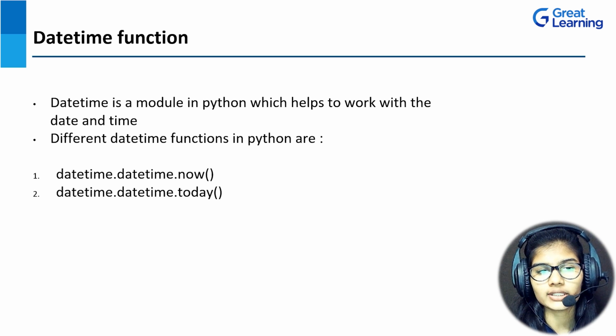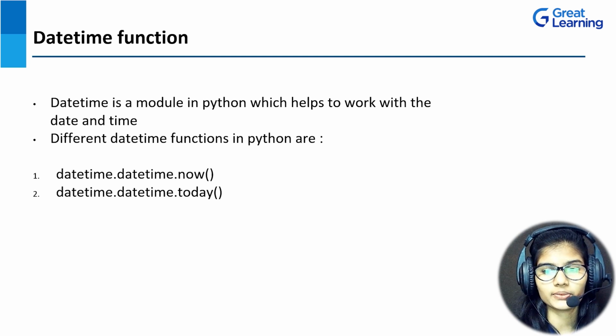So here it is written datetime dot, the first one is the datetime module, then inside that module you have a function whose name is also datetime. So second goes datetime. Then from the datetime function, you have a function which is now. Then you call your now function. This is how the functions in the datetime module actually work.